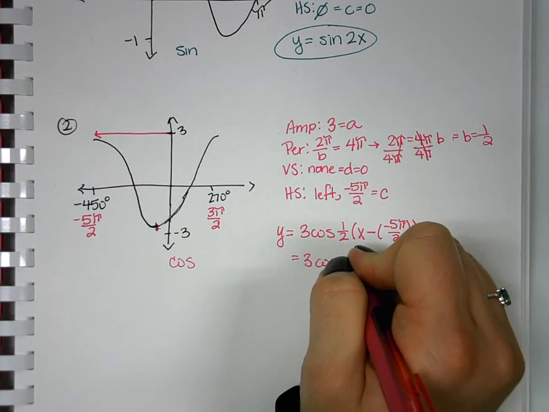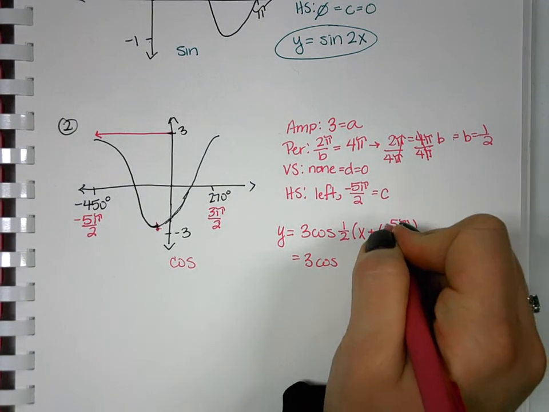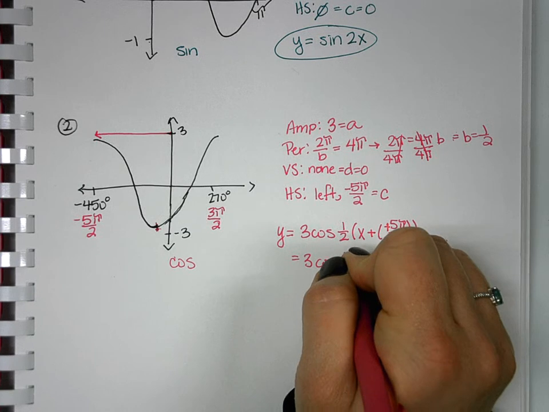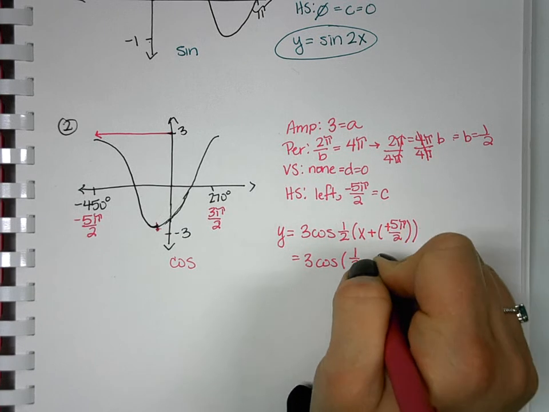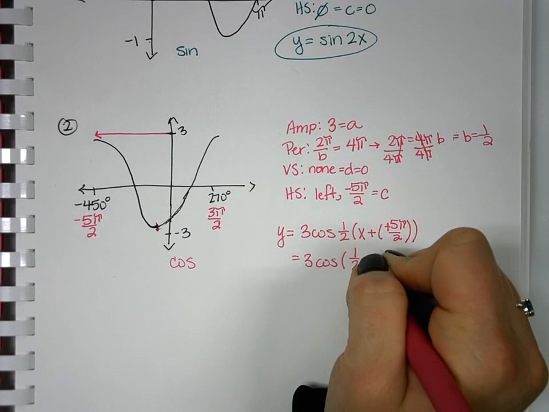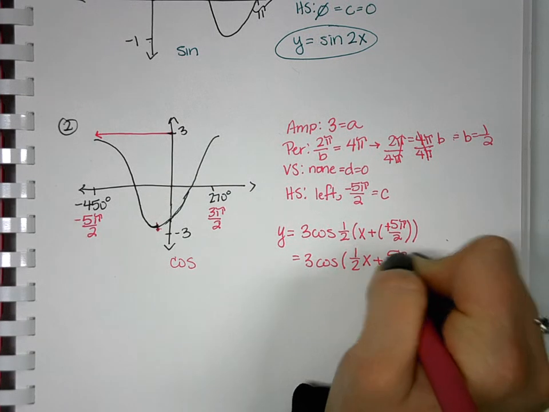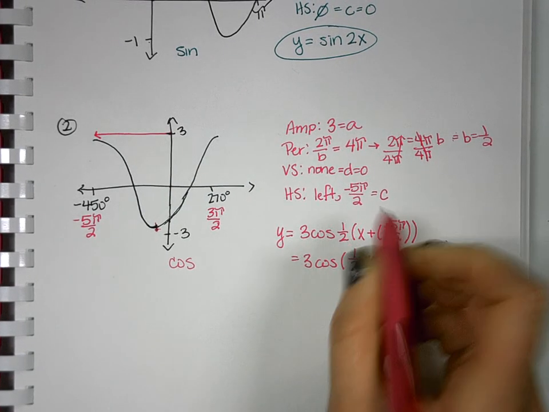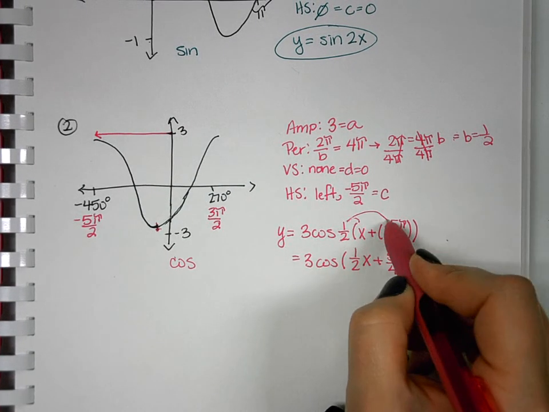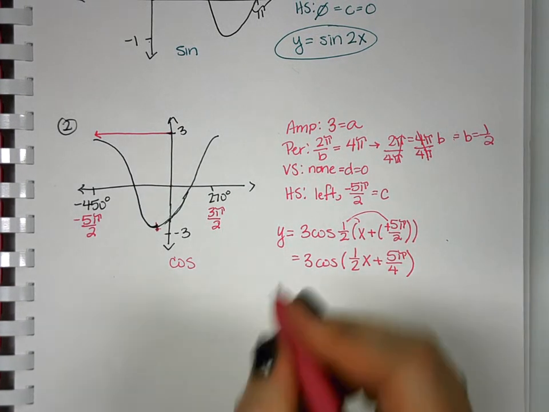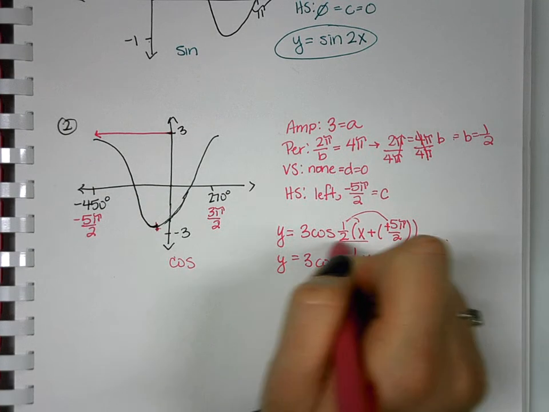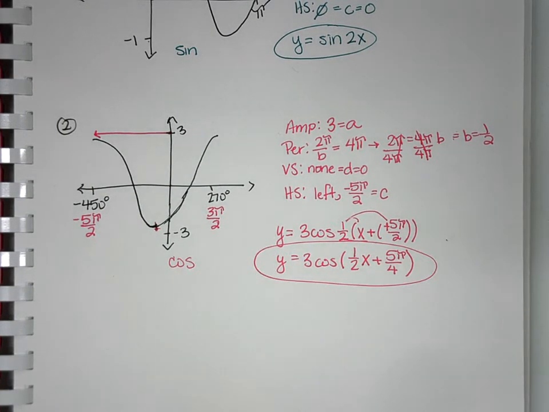So the last thing I would do here is to get the double negative into a positive and distribute the 1/2 so that we have everything in just one set of parentheses. So 1/2 x plus 5 pi over 4. So that's after I distribute the 1/2 to both of those. And so this here would be our final answer.